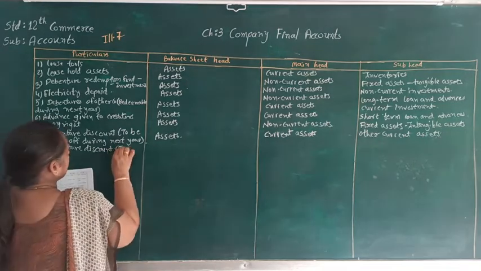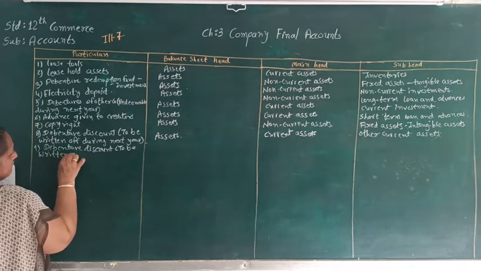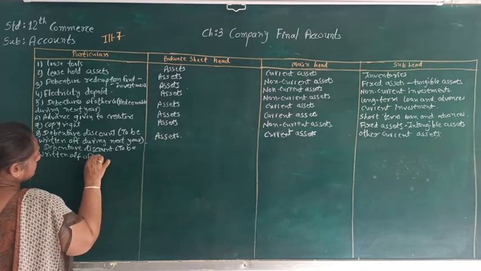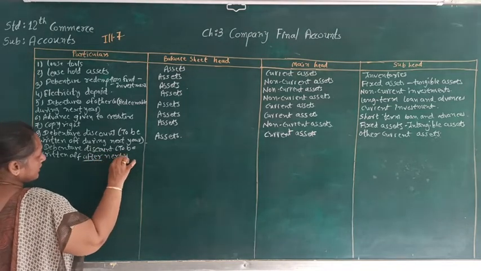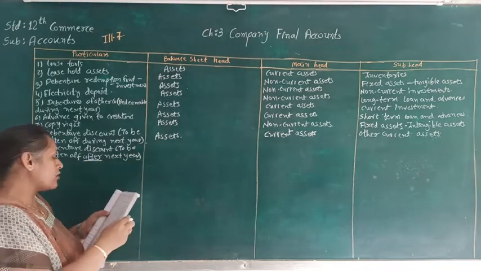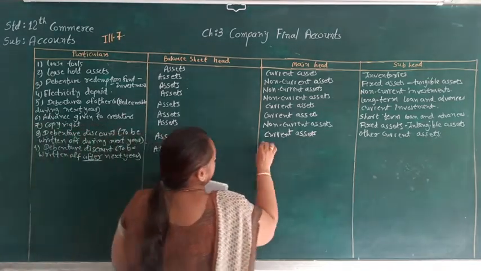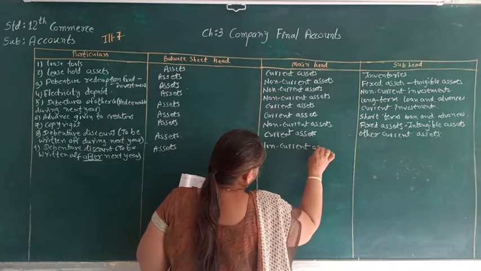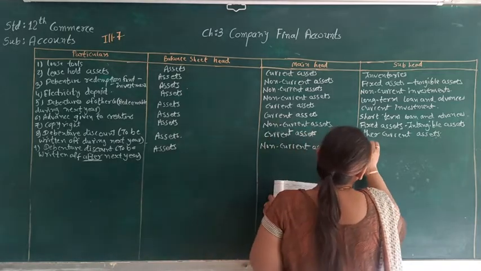So here, to be written off after next year, the word after is very important, and because of that it will be shown as a non-current asset. Here again it will be other non-current asset.